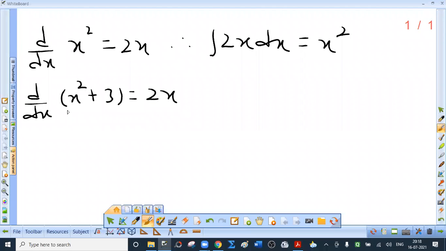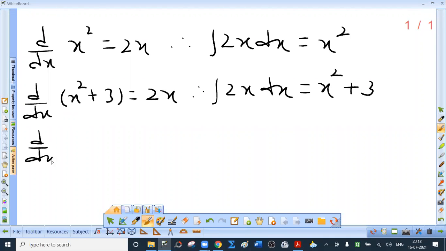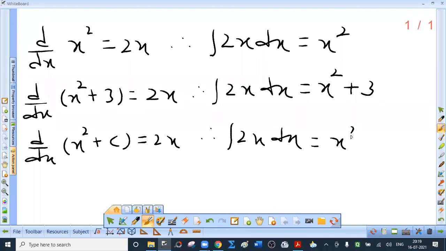And that is why derivative of x square plus 3 is also 2x. So in this case, integral 2x dx is what? Is it x square? No, x square plus 3. In general, derivative of x square plus c, where c is a constant, is 2x. So integral 2x dx is x square plus c.